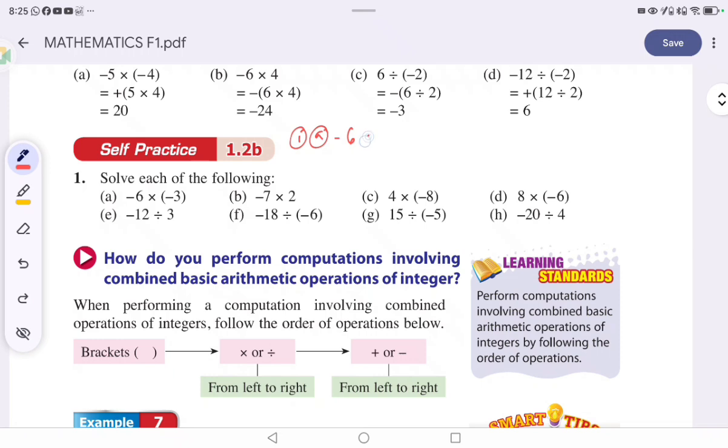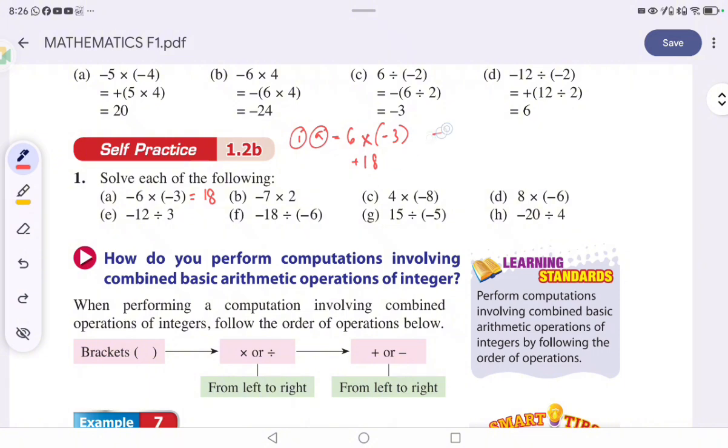Negative 6 times negative 3, how much? 6 times 3 you will get 18. Negative and negative when you multiply become positive, so you don't need to write the positive, just write 18. The answer for A is 18.